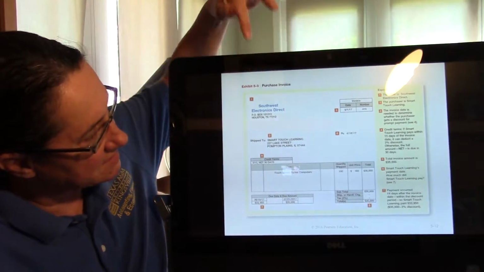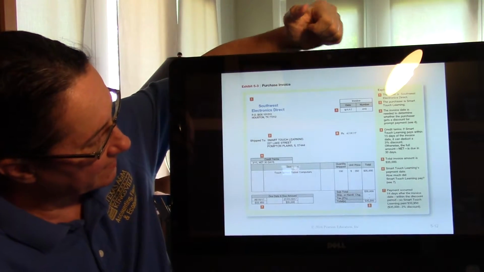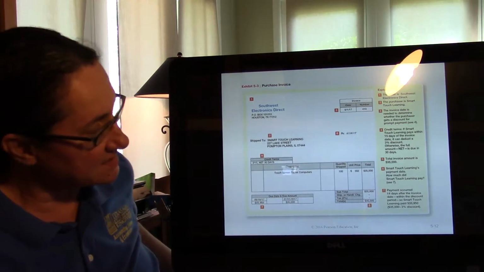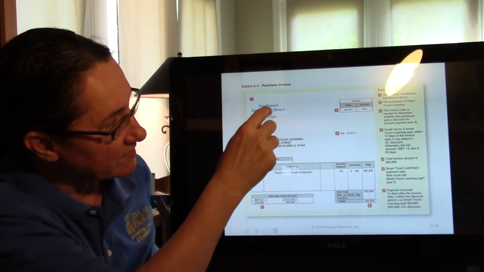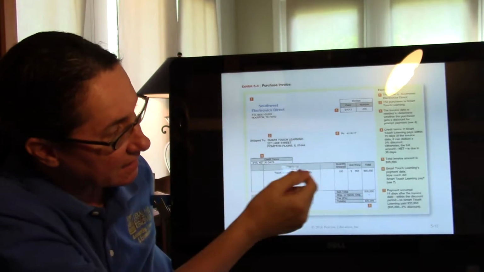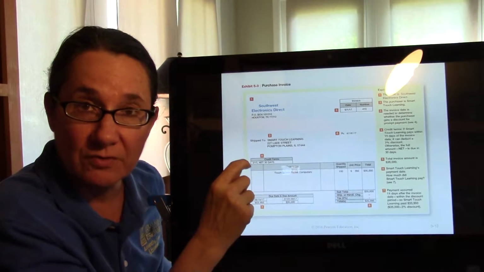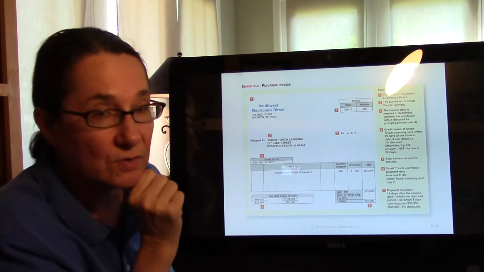Southwest Electronics has sold 100 tablets to SmartTouch Learning. The terms are 3/15 net 30. So that's the discount. We're going to talk about that later, but this company, Southwest Electronics, is telling SmartTouch, hey, we would love to get you to pay us the cash sooner rather than later. So if you pay it within 15 days, we'll give you a 3% discount.